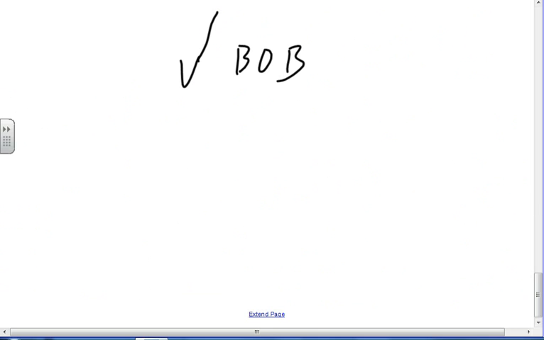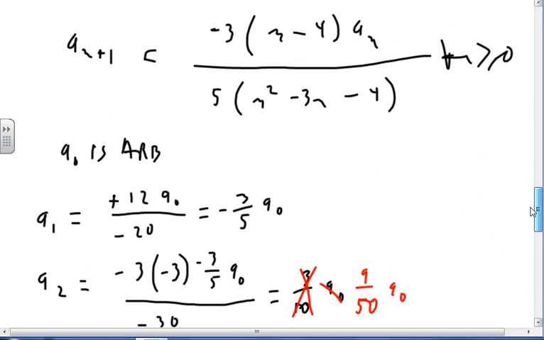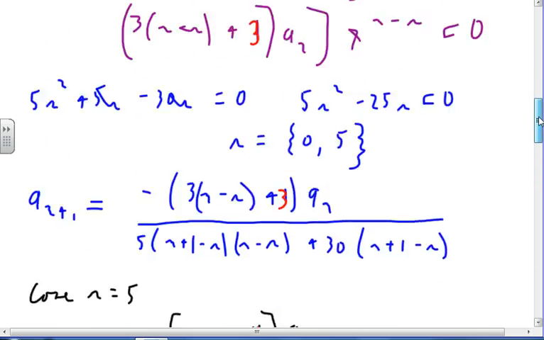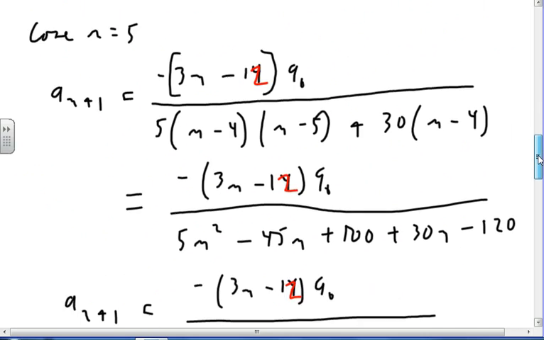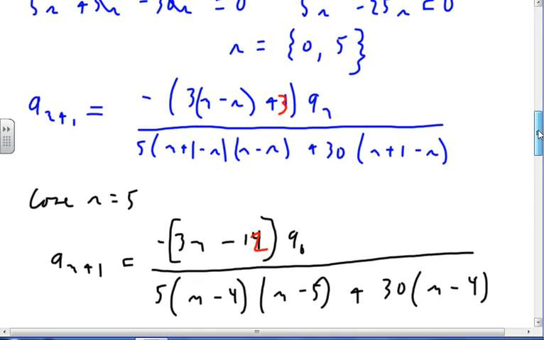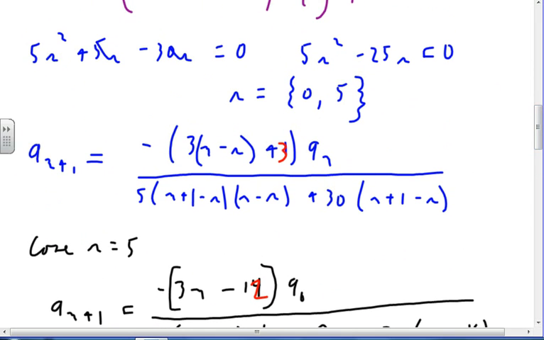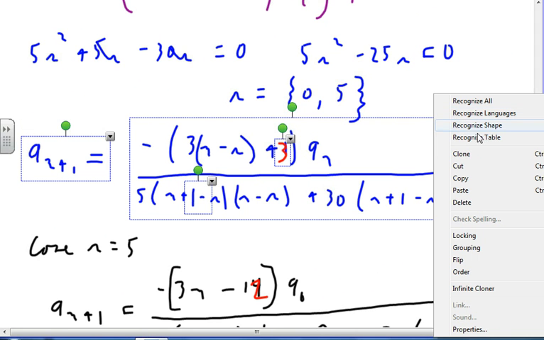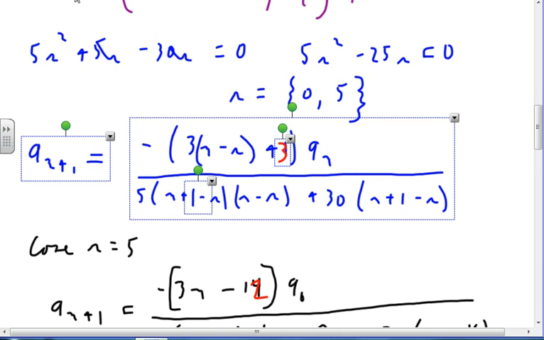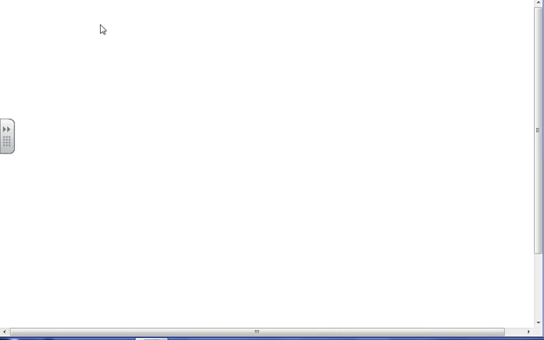And now we're going to look at case 2, and the case 2 is n is equal to 0. So where's our recurring formula? There's our recurring formula. So we'll copy it, and we will paste it.